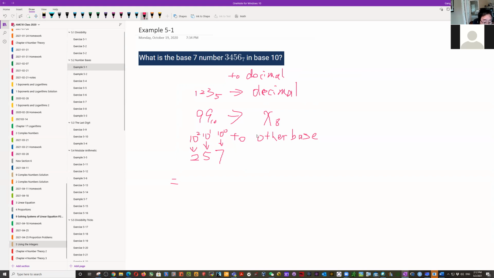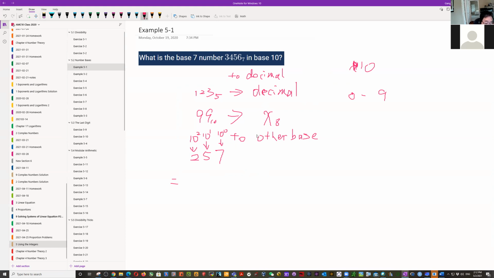So a decimal number is a power-based position value system. Each position reuses the digits, only 0 to 9, so there are only 10 values.